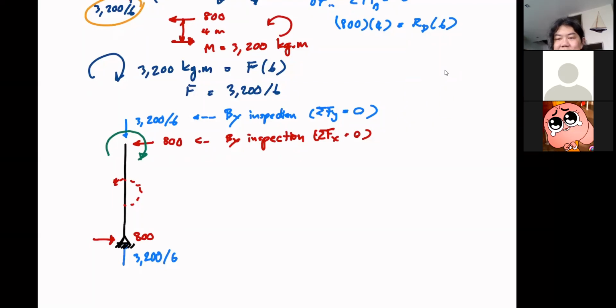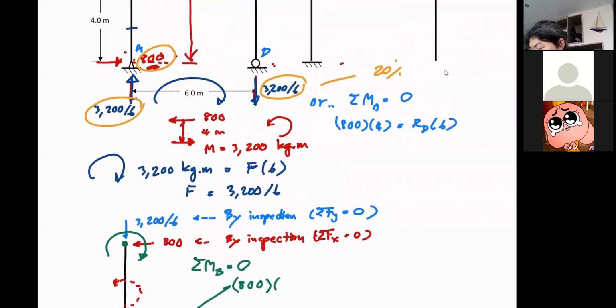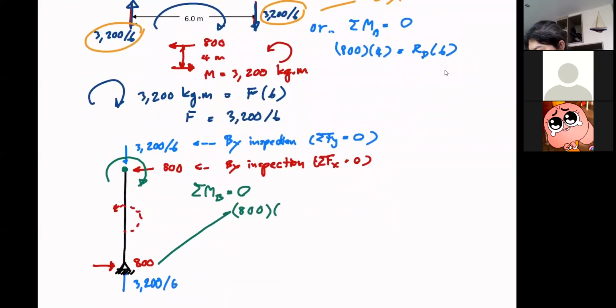Now, let's not skip it too much. You can take sigma MB equal to 0. That's point B, right? Now you can see that 800, which is this force, 800 multiplied by the height of the frame, that is 4 meters, is equal to MB.